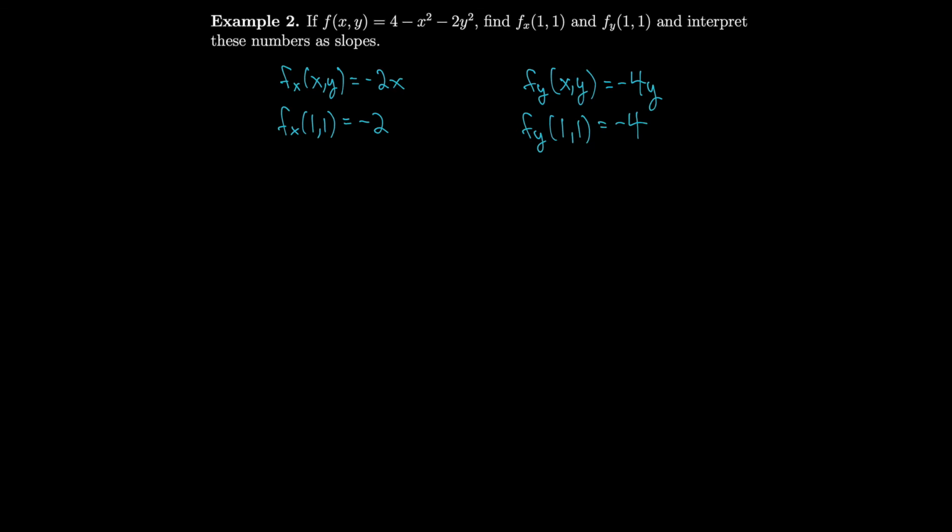In order to interpret these numbers as slopes, how about we try drawing this thing over here, z equals 4 minus x squared minus 2y squared. So it looks roughly something like this. Let's see if I can do it.